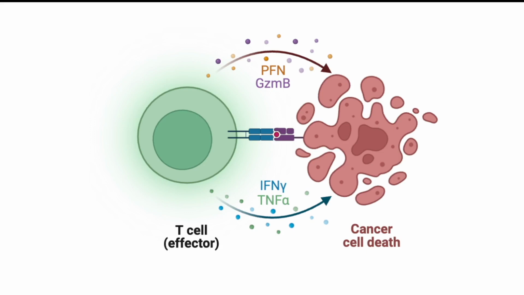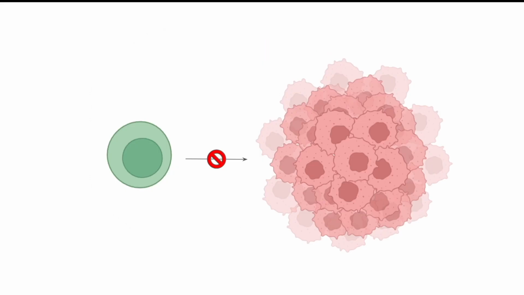When this interaction is positive, the T-cell gets the signal to release cytotoxic molecules that kill the cancer cell. However, in actual cancer, this is not how it works, as these cancer cells produce several factors that make the T-cells unable to get that signal to kill the tumor. These include inhibitory cytokines, inhibitory ligands, and regulatory T-cells.